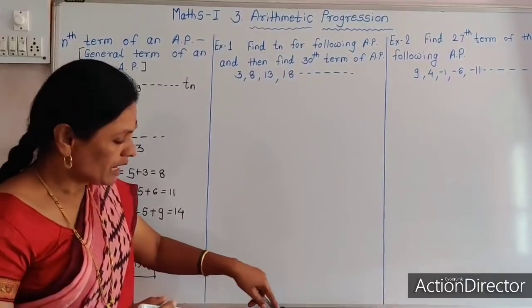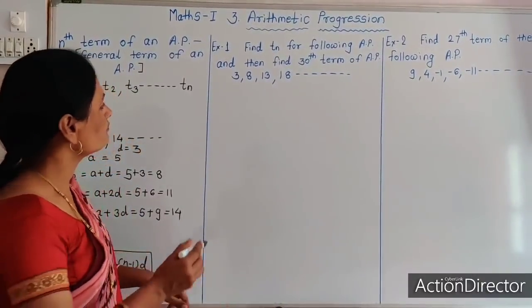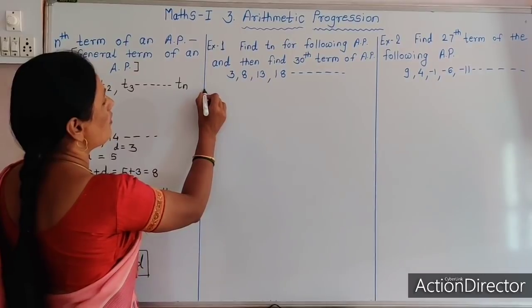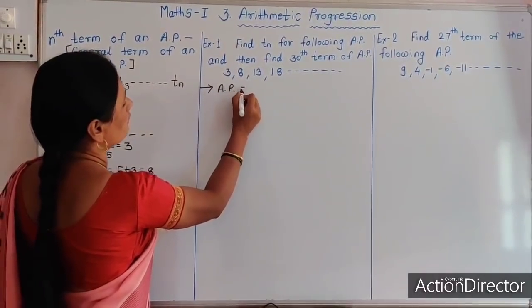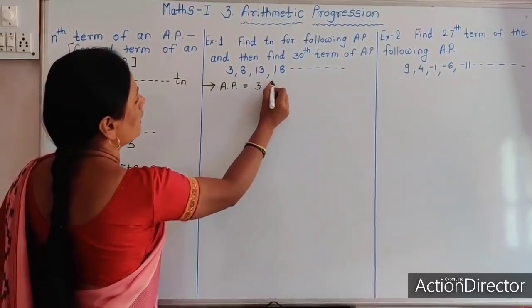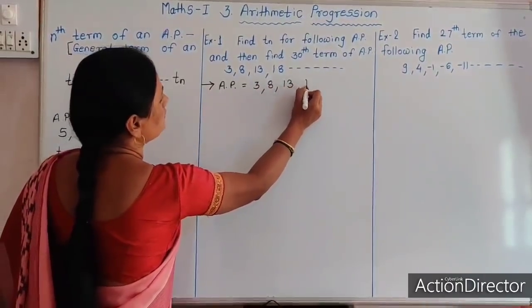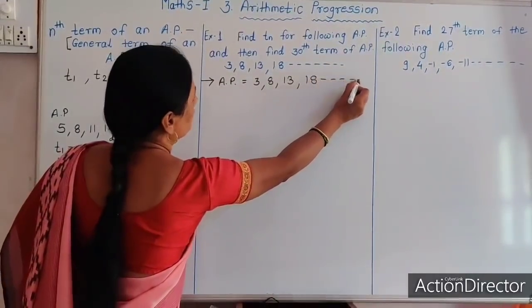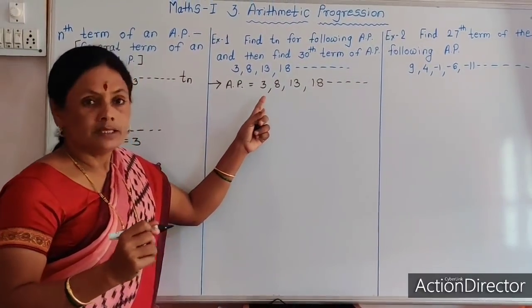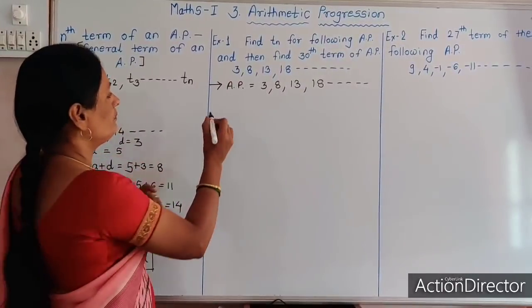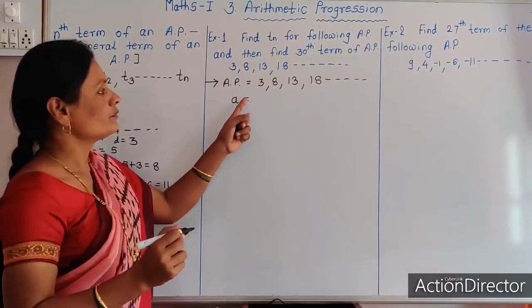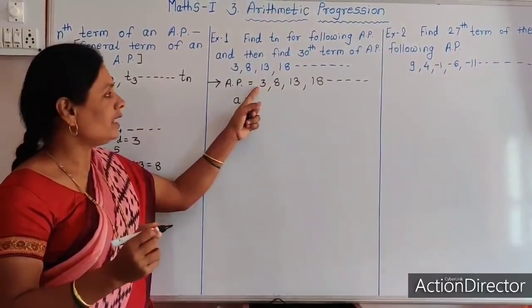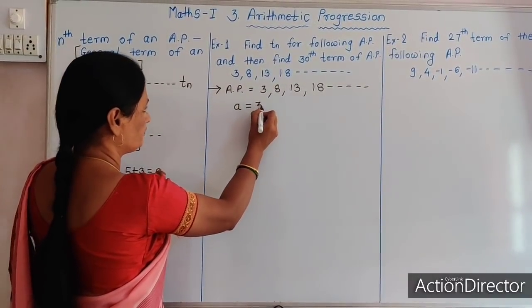First, we write the AP again. 3, 8, 13, 18 and so on. In that AP, the first term A is equal to 3.